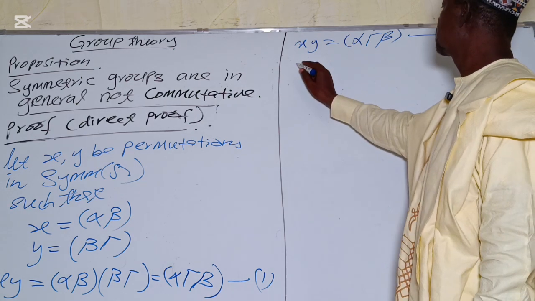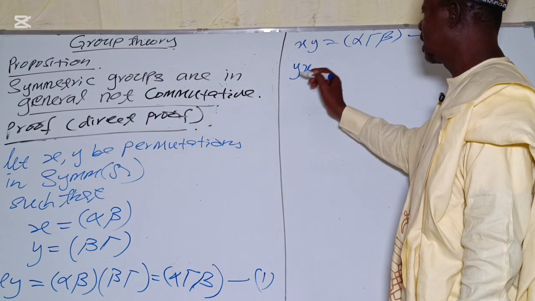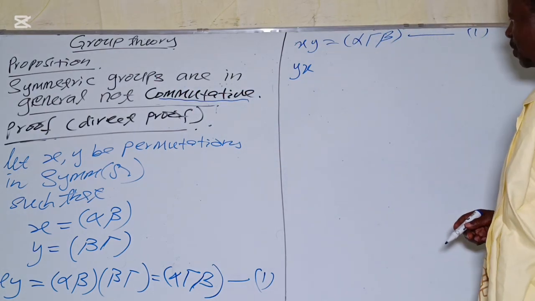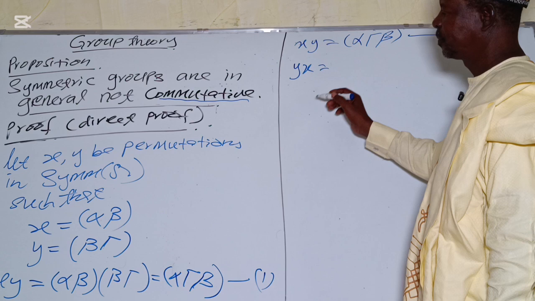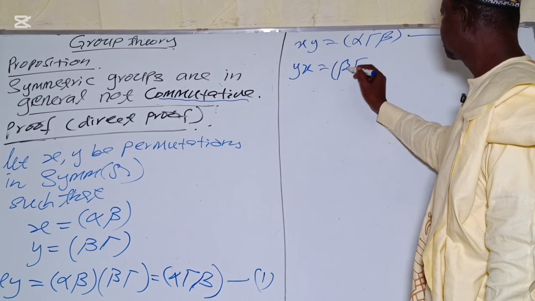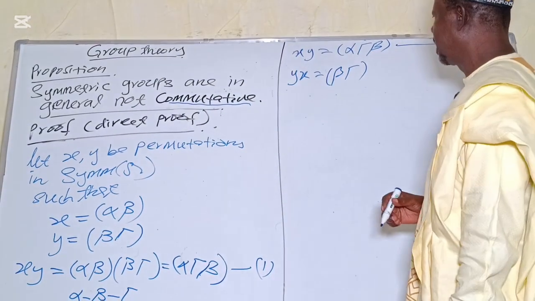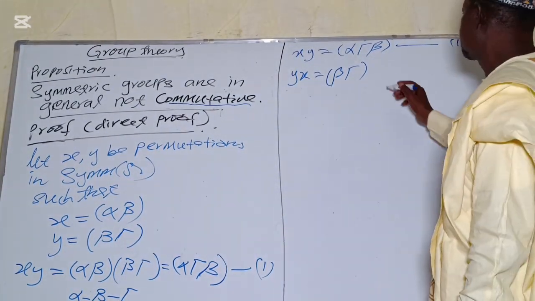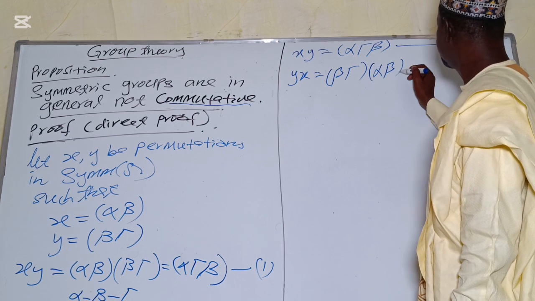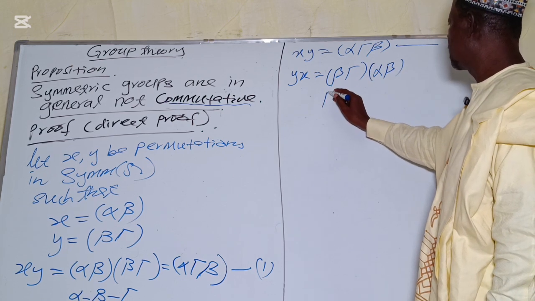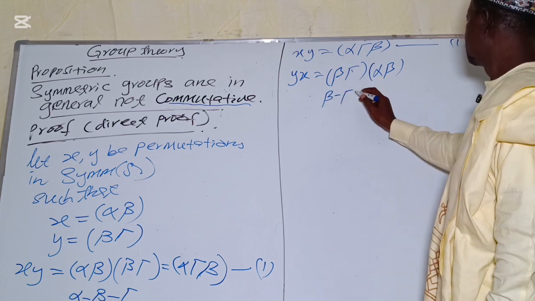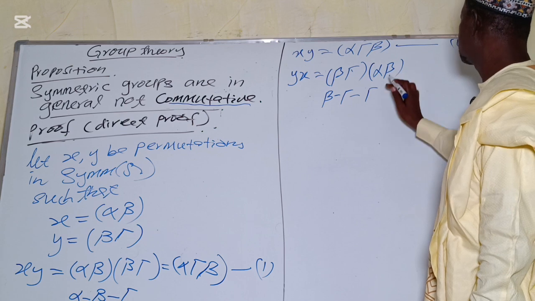So let me compute yx, since I'm trying to investigate commutativity. yx is going to be, my y is (beta gamma) and my x is (alpha beta). The computation is: beta is mapped onto gamma in the first cycle, but gamma is fixed in the second cycle.